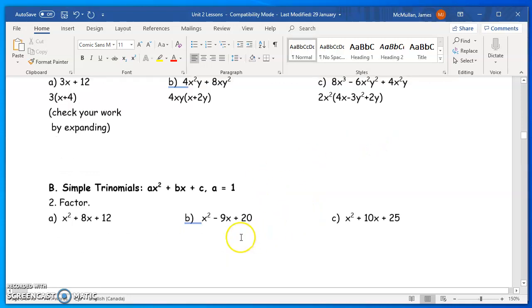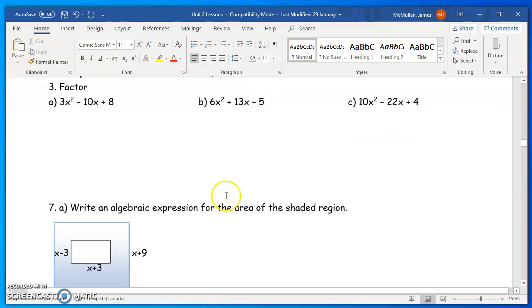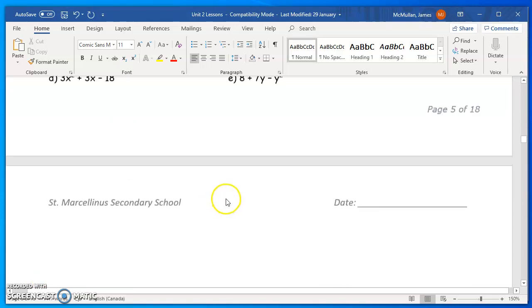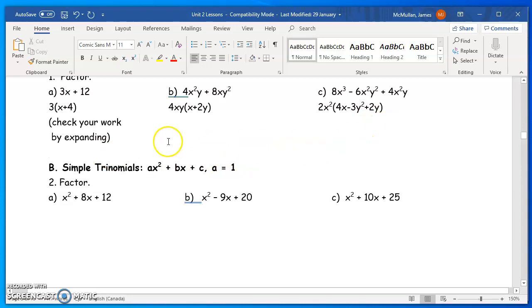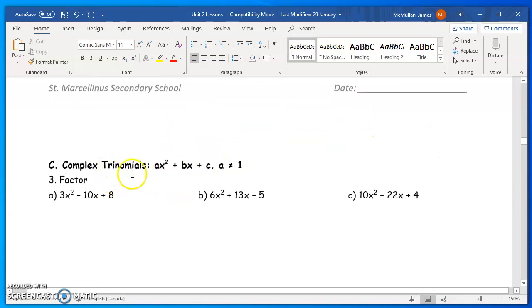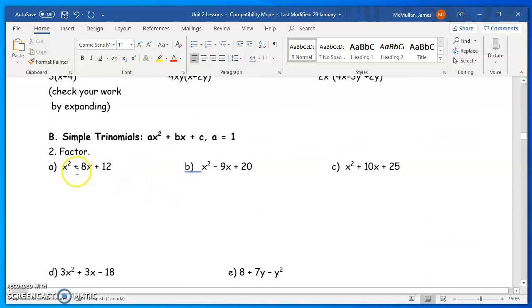Okay. Now, the other type of factoring we're doing today, we're doing two types. So we're doing simple trinomials, which is here, and then we're doing complex trinomials, which is a little more involved. When you are doing simple trinomials, they always look like this: ax squared plus bx plus c.